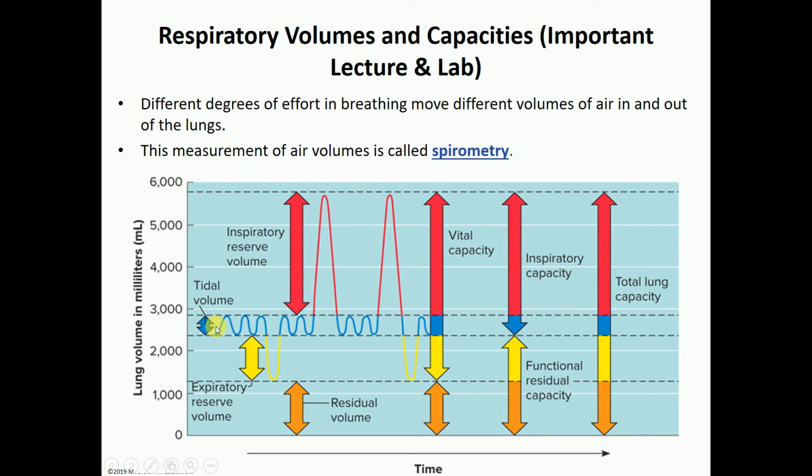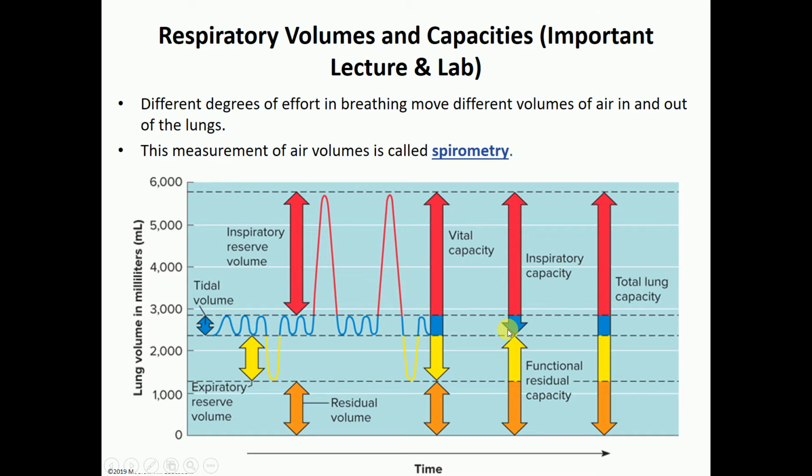Okay, the first one, and that's the most basic, is the tidal volume, which is the normal inhalation and exhalation at rest. After a normal inhalation, the maximal amount of air that the person can inhale after that is known as the inspiratory reserve volume.